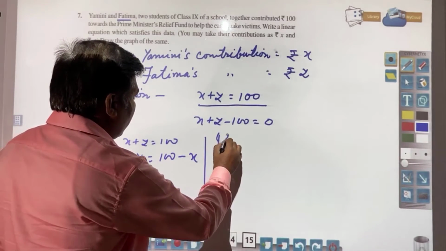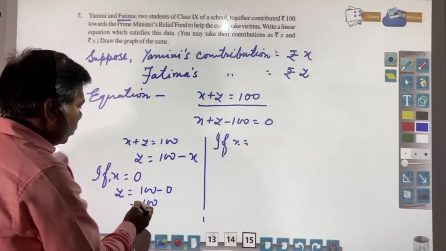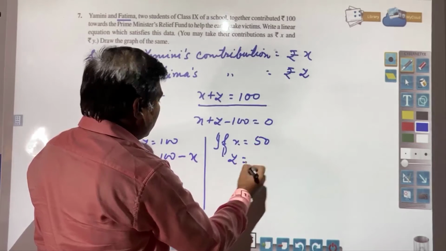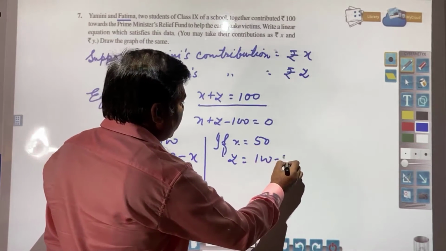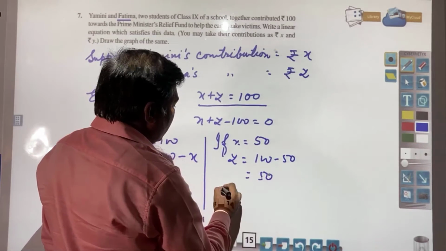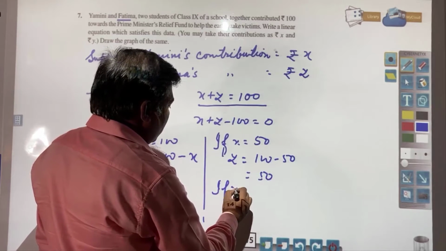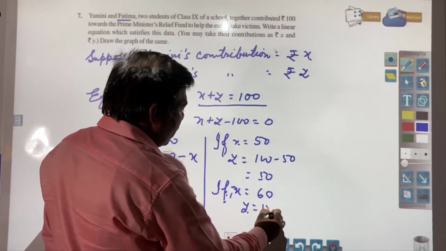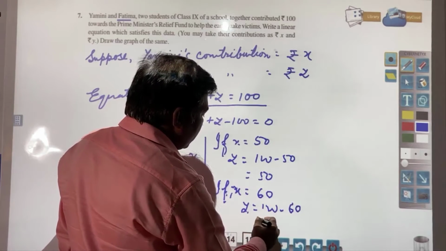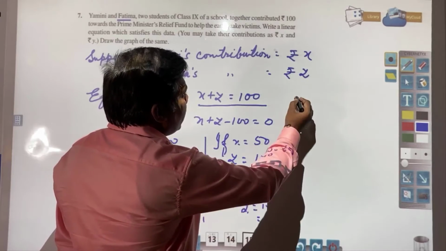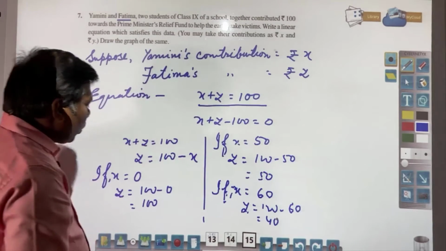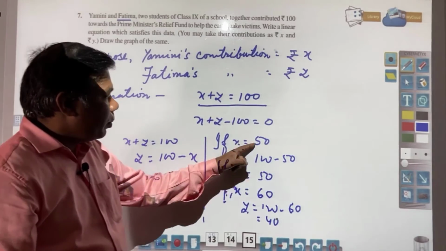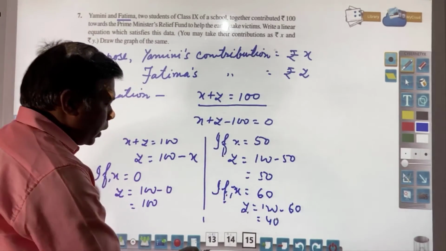If X is equal to, suppose 50, Y will be 100 minus 50, it means 50. If X is equal to 60, Y will be 100 minus 60, it means 40. So your table you have got, your coordinates you will be having 0, 100, 50, 50 and 60, 40.